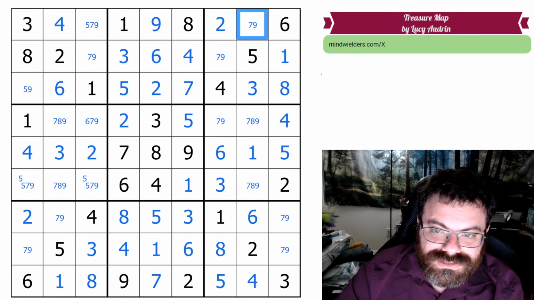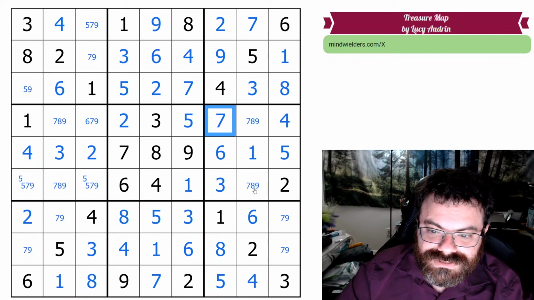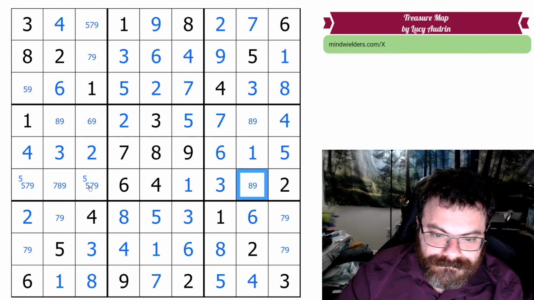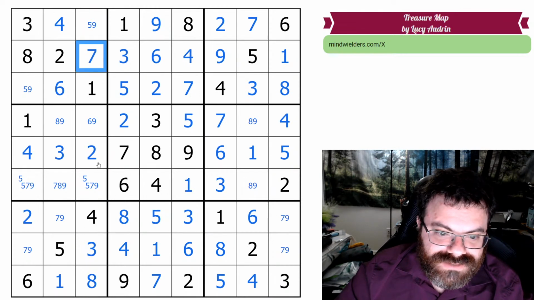What am I not scanning? This 9 here. 7, 9, 7. Leaves that for 7.